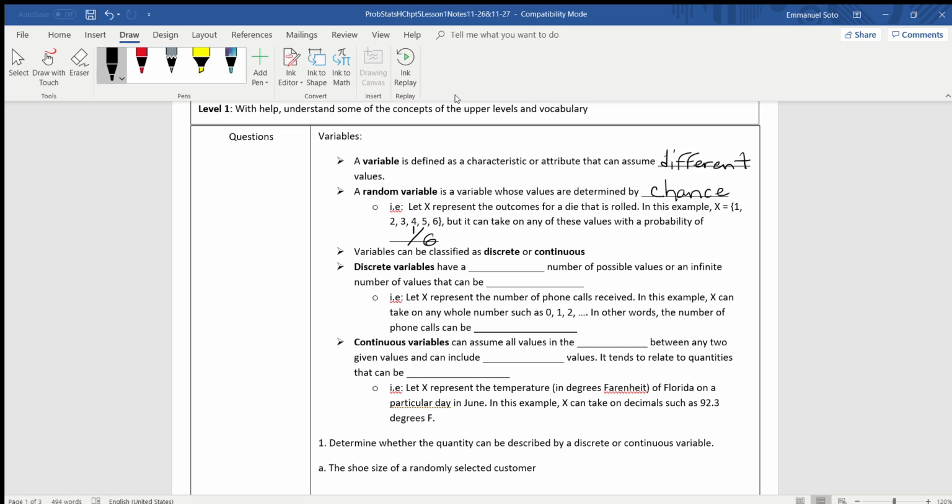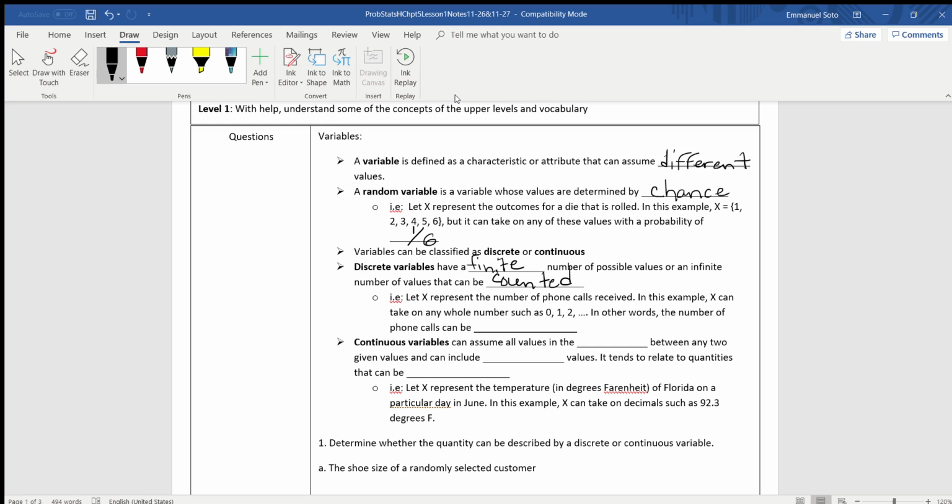Variables in general can be classified as discrete or continuous. Discrete variables are basically countable variables, so they can take on values that can be counted. You can have either an infinite number of values that can be counted, or a finite number of possible values.